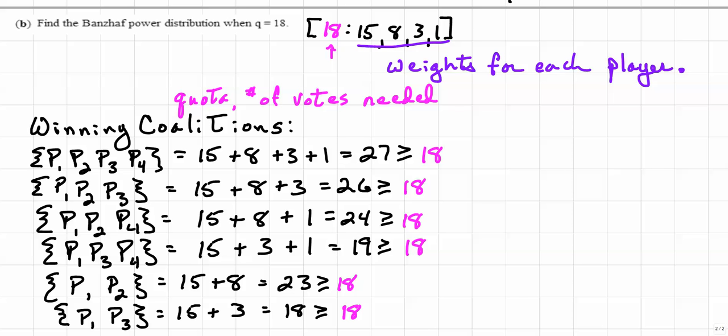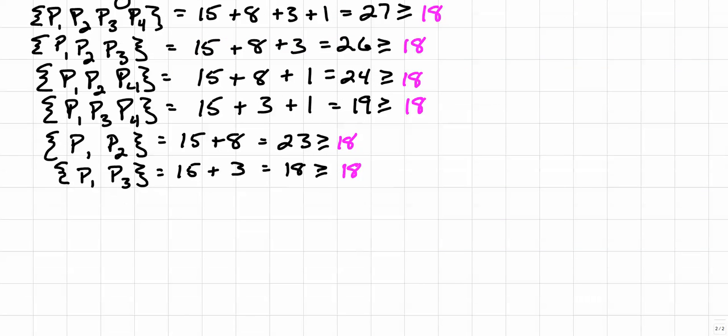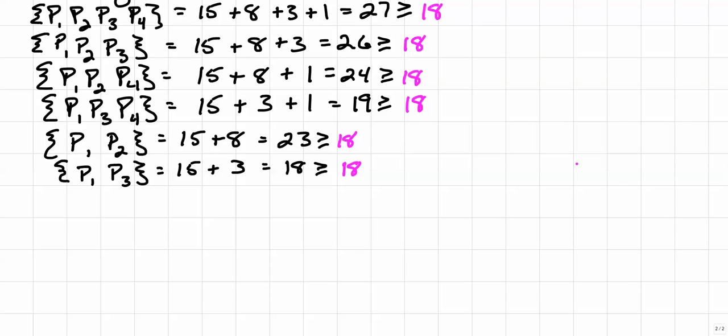And now I need to understand what the critical counts are for each one of the players. In other words, which of these coalitions has a critical player in that particular coalition. And so I'm going to list the coalitions, and then I'm going to list the players critical to success and determine if they are or not.